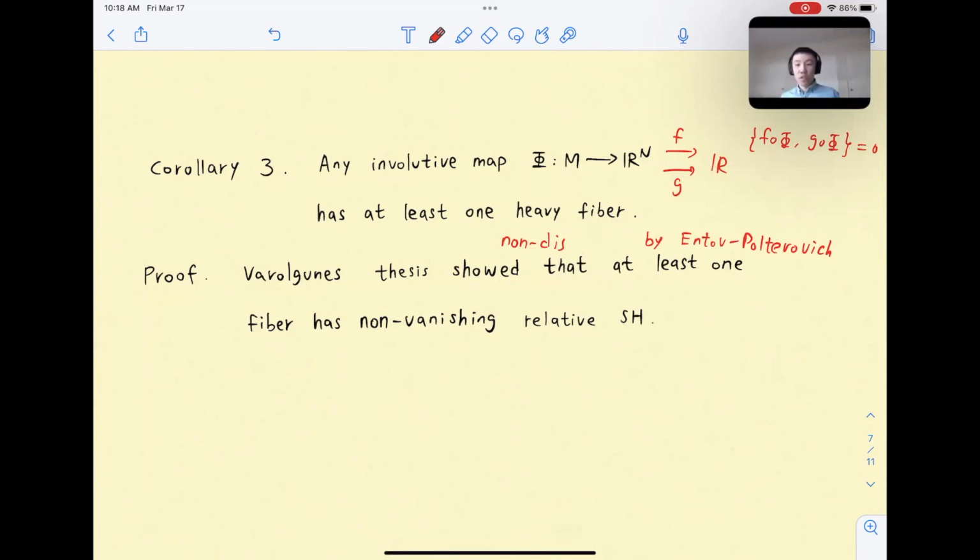Then further, Entov asked in his ICM talk whether this should be strengthened to a heavy fiber, and the answer is yes.